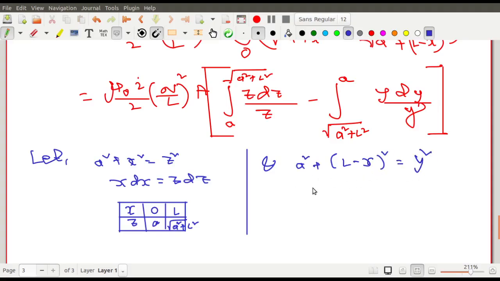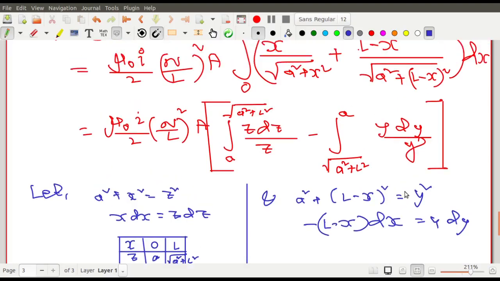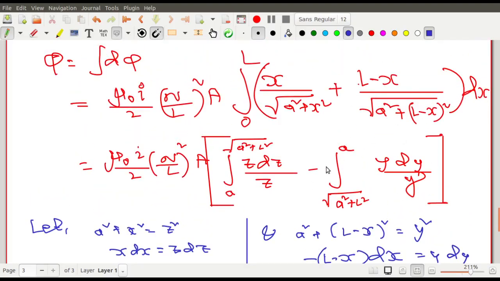So from here I get minus of l minus x dx equals y dy. That's why I put a minus over here.